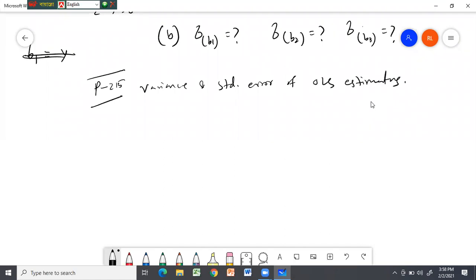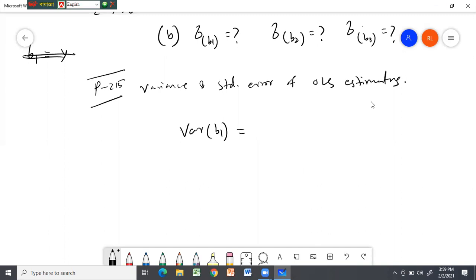They have already derived formulas to calculate the variance and standard error of the OLS estimators. We also estimated the standard errors of the OLS estimators in the earlier chapters. It was the variance of B1, and then you take the square root of the variance to get the standard error.